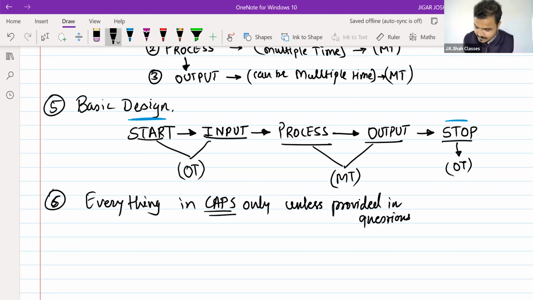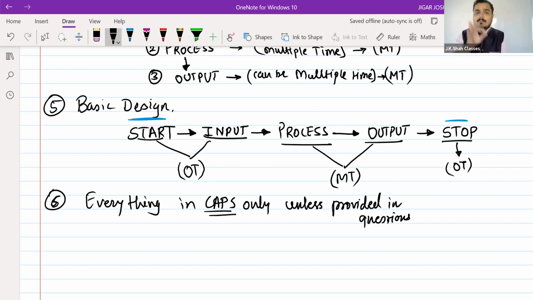Understood? Yes, sir. Till the time that information is not provided in a question, make sure that the entire flowchart is always written in capital letters only.